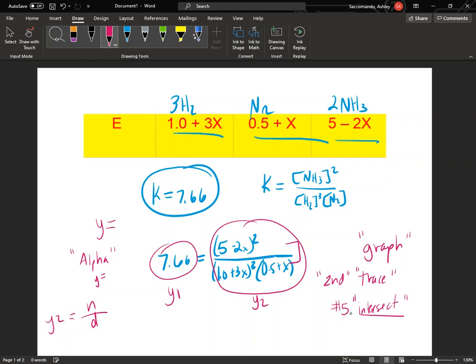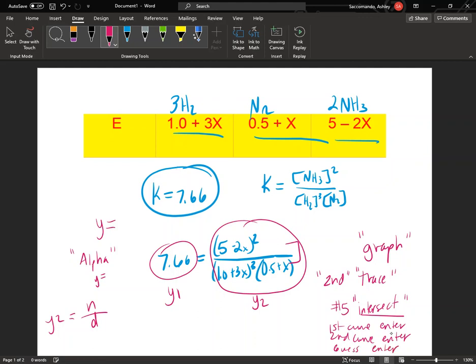Okay, I do intersect, and then it'll say first curve, and then it says second curve. You just hit enter, first curve, enter, second curve, enter, and then guess, and then enter.